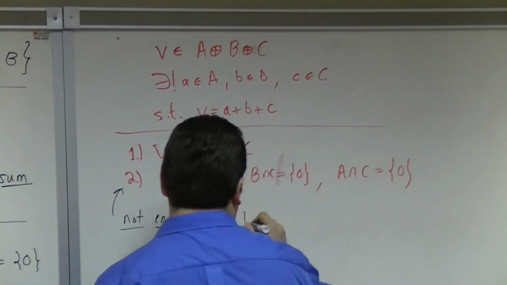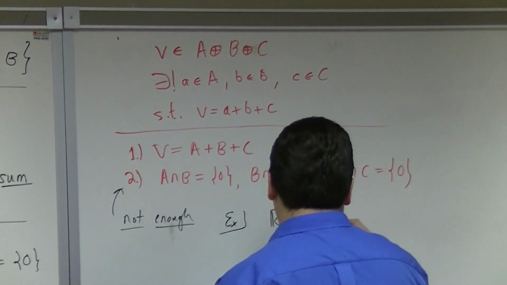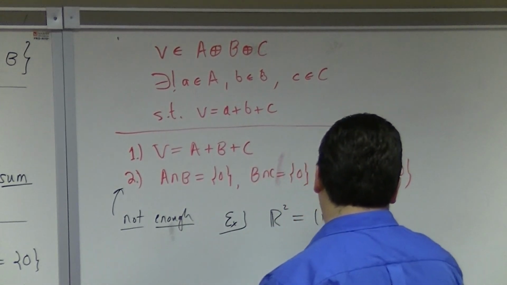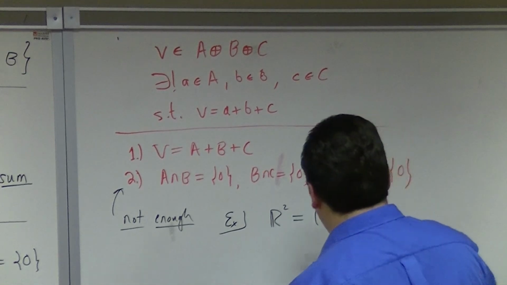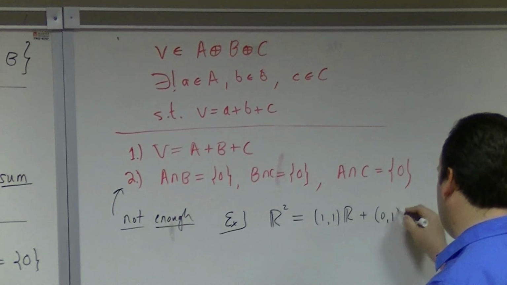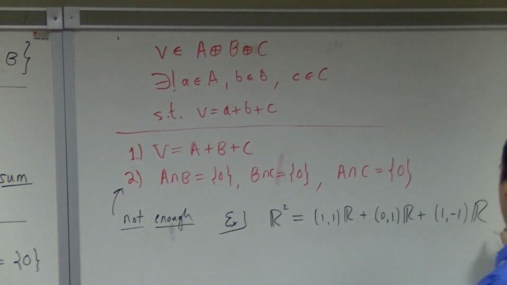For example, you can say R2 is the direct sum of, well, not direct sum, you can say R2 is (1, 1)R plus (0, 1)R plus (1, -1)R. In my notes, I put (1, 1) here, but I think it's more interesting if I put (1, -1) here.